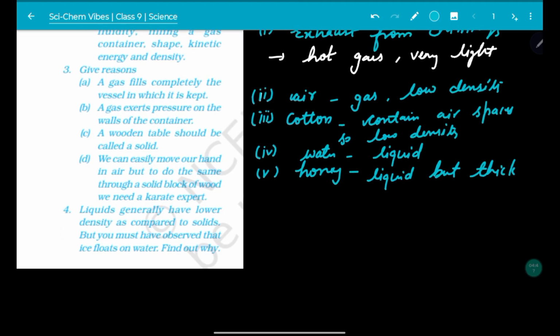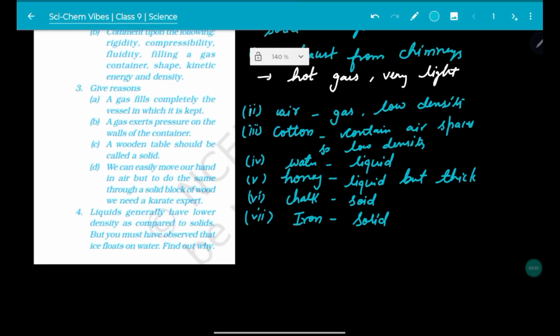Next one is chalk. Chalk is a solid and has high density. Next one is iron. Iron is a solid and it has the highest density compared to chalk because its particles are closely packed. Got it?